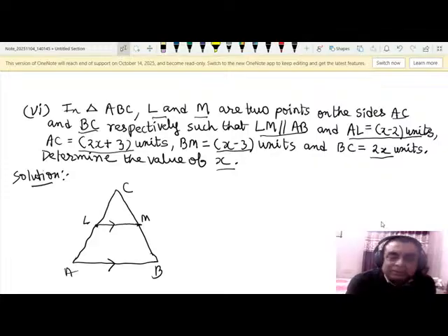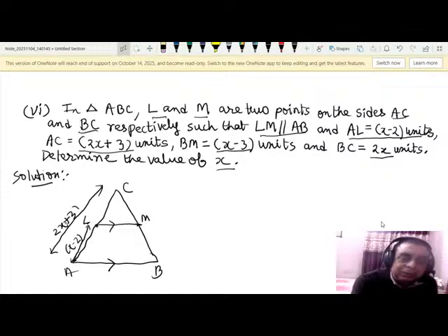Now the length of AL. Which part is AL? AL is this. Its length is given in the question as x minus 2 units. Okay. And AC is what? AC is this whole length. Its value is given in the question as 2x plus 3.